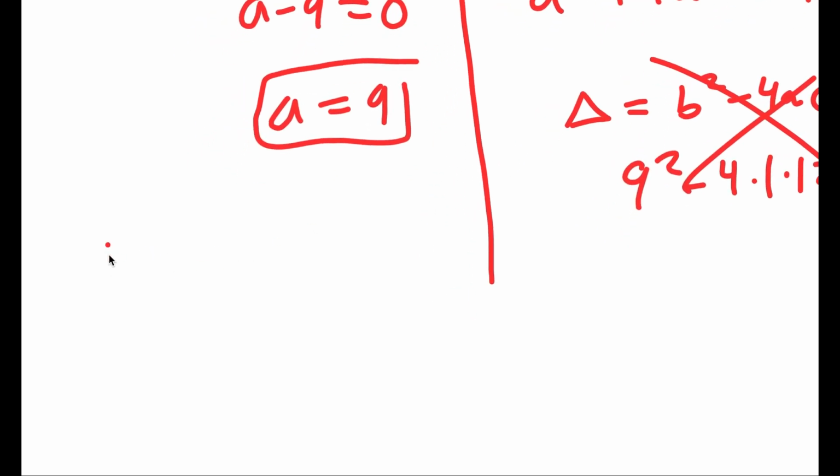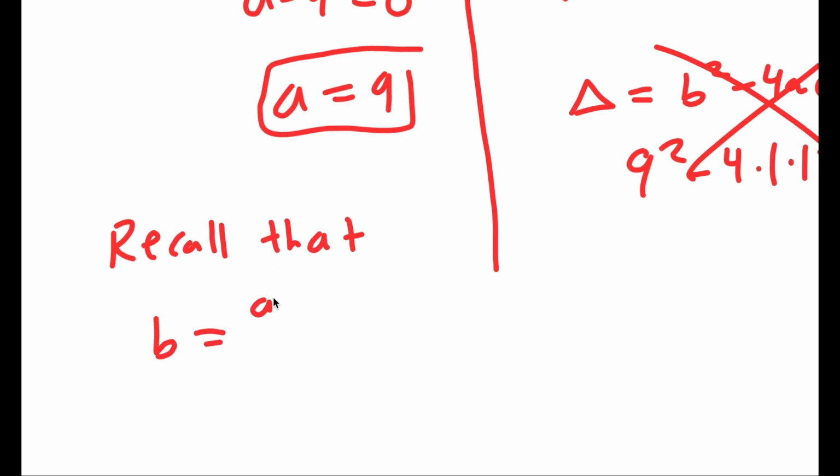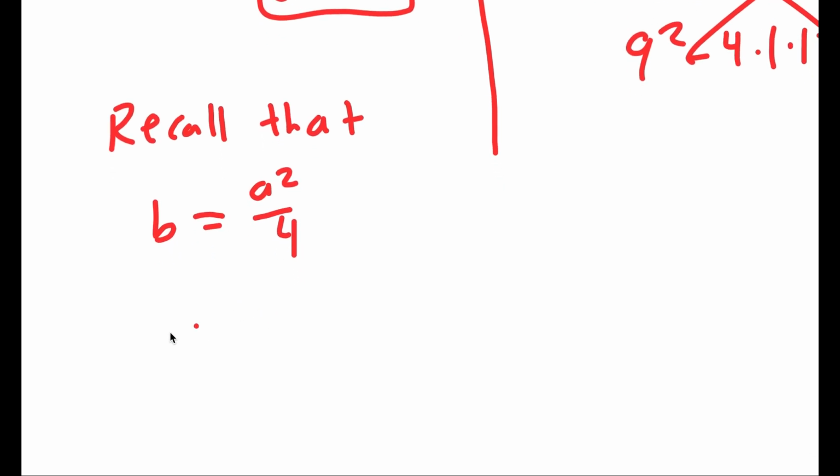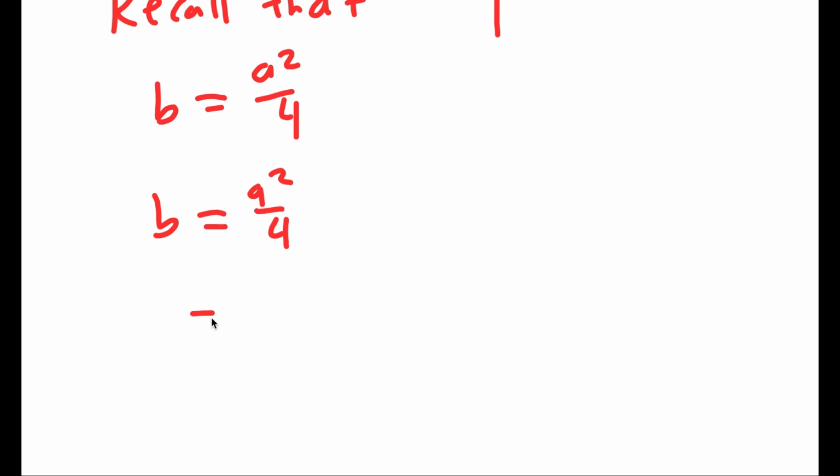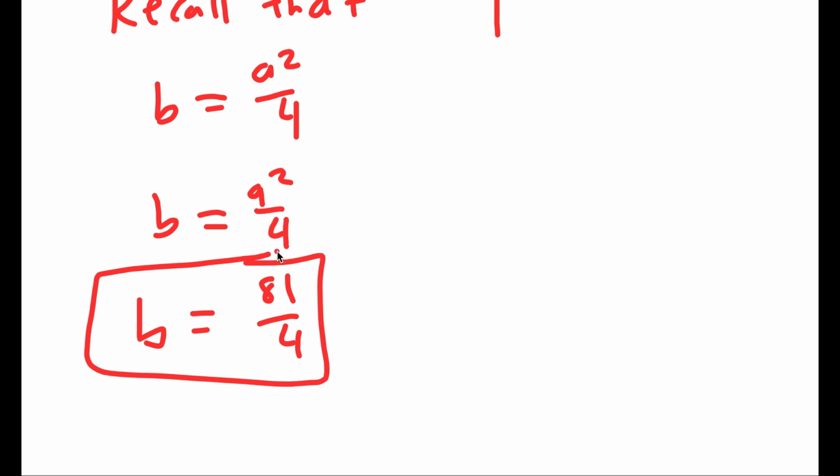Now, recall that b is equal to a squared over 4, meaning b is equal to 9 squared over 4, which is equal to 81 over 4. So this is the value of b.